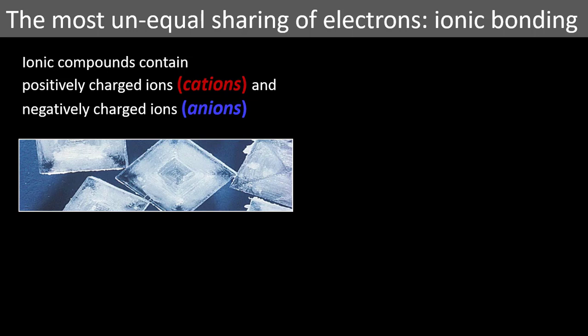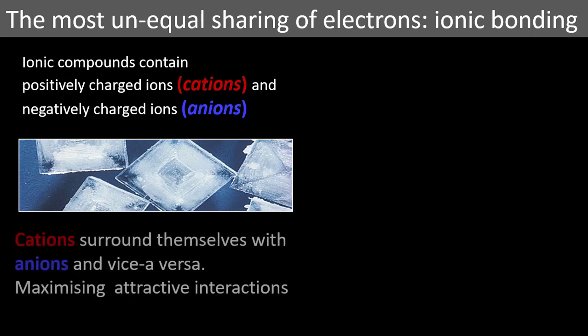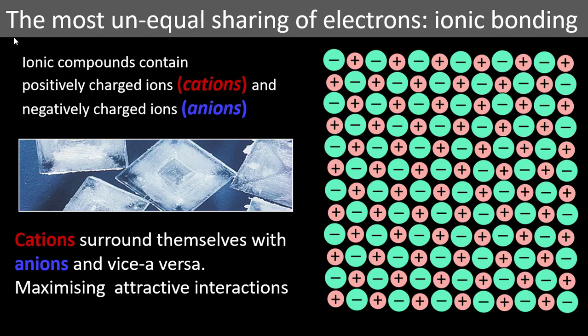We call that an anion. In the solid compound, favourable structures are formed in which attractive electrostatic interactions are maximised. That means, as far as possible, cations surround themselves with anions and anions surround themselves with cations.